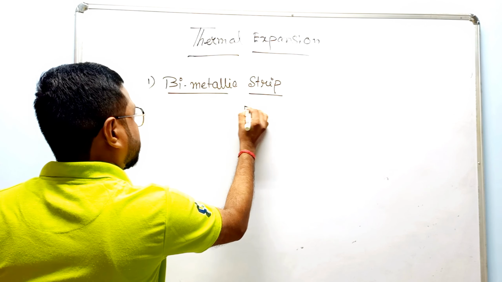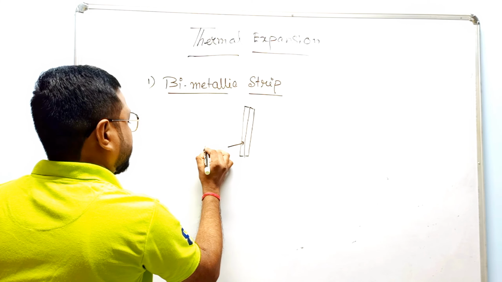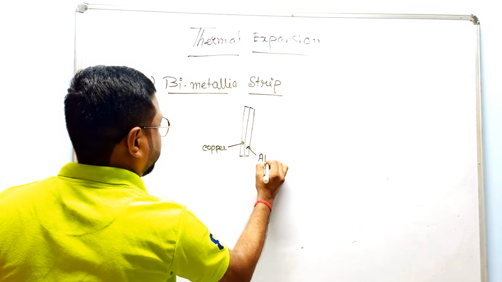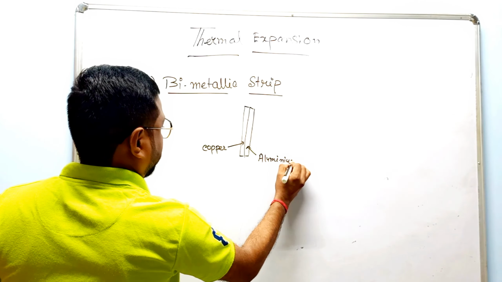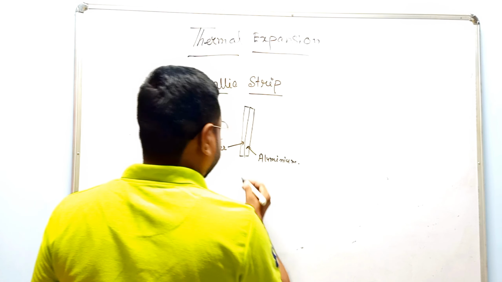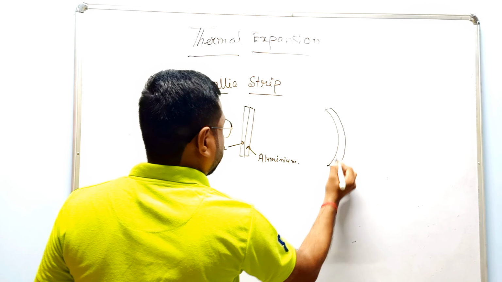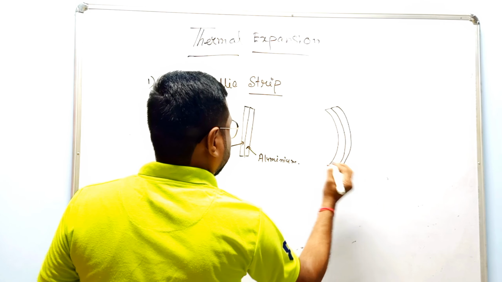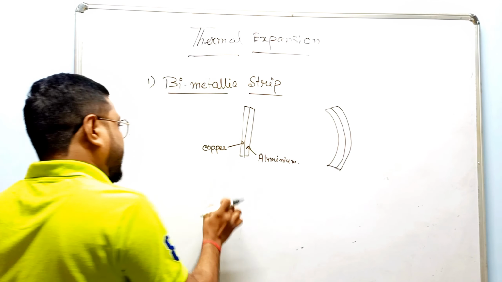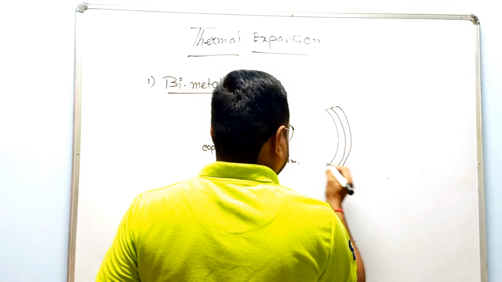Suppose this is a bimetallic strip made of copper and aluminium. When temperature is increased, it bends due to unequal coefficients of linear expansion. The bimetallic strip bends with the metal with greater alpha on the convex side.